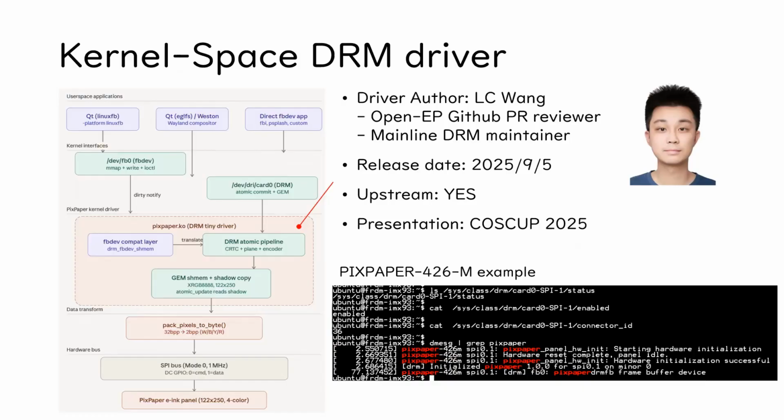And then the driver will receive the whole 32-bit color format from the user space and transfer it to 2-bit only, because our e-paper is mono or full color. So it depends on your e-paper color, and it gets the 2-bit data and updates the e-paper directly.